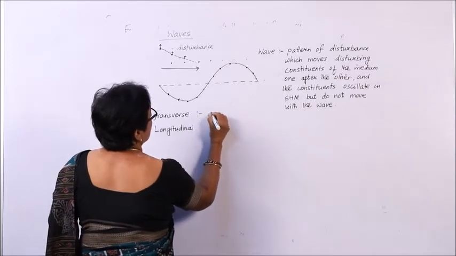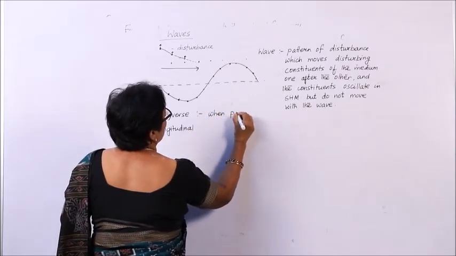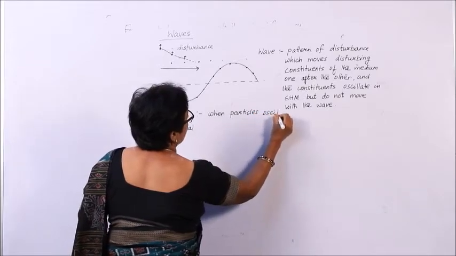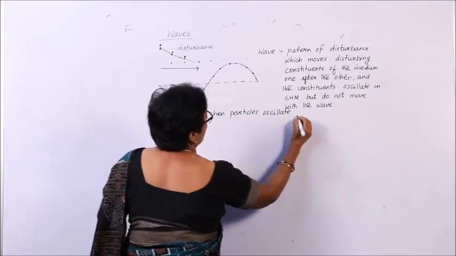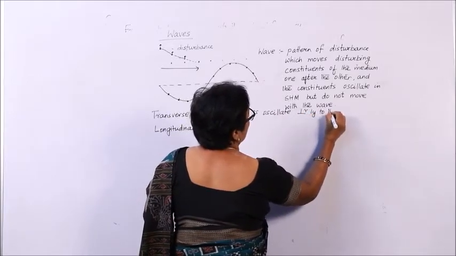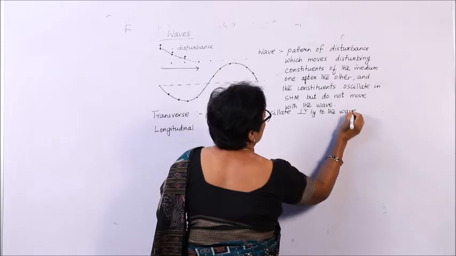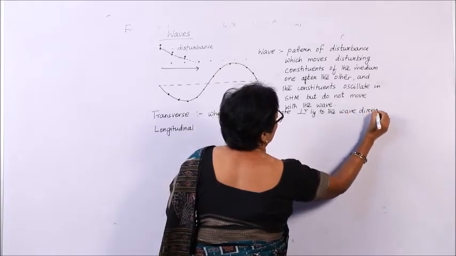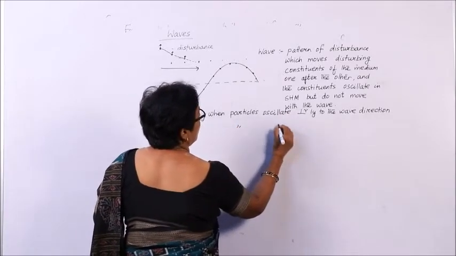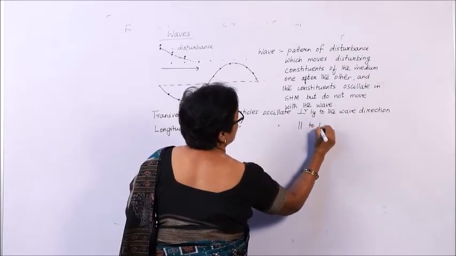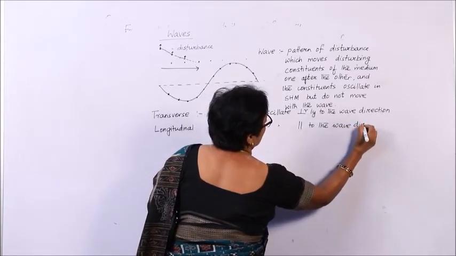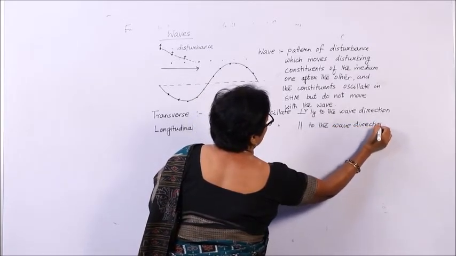When particles oscillate perpendicular to the disturbance, perpendicularly to the wave direction. And when particles oscillate parallel to the wave direction, then we say it is a longitudinal wave.